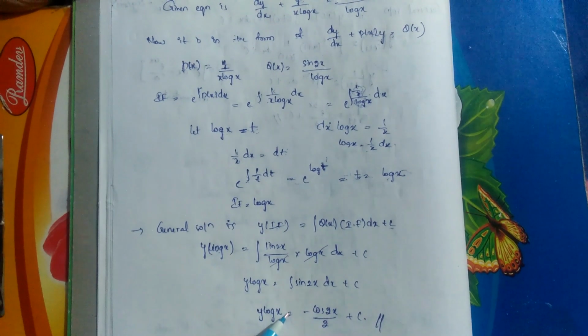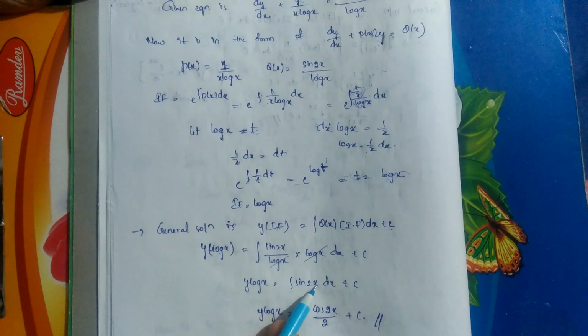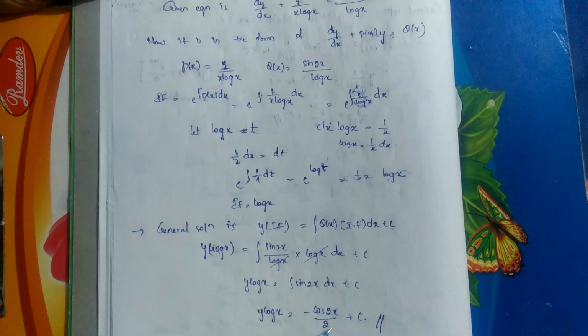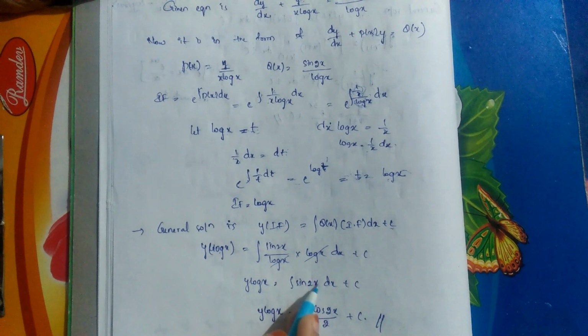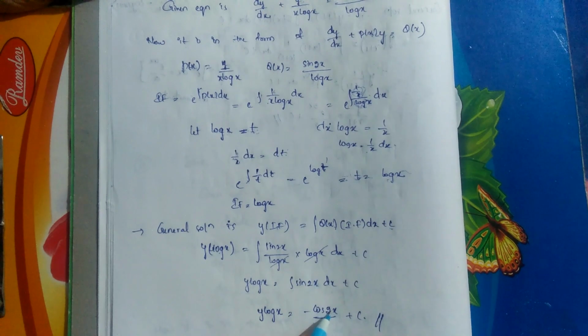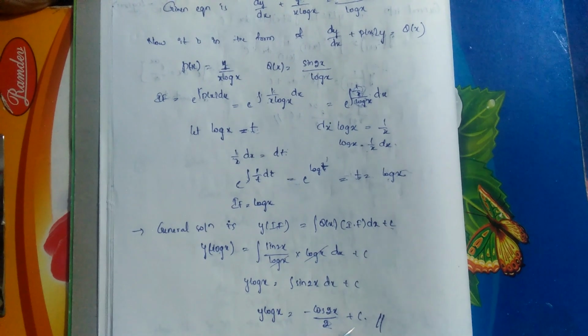By the formula, sin 2x integration is minus cos 2x divided by the constant 2. So y log x is equals to minus cos 2x by 2 plus c is the general solution.